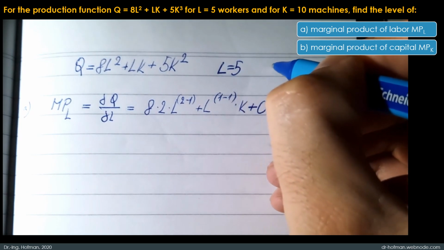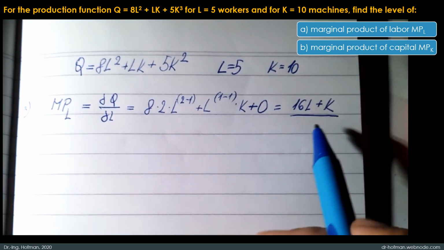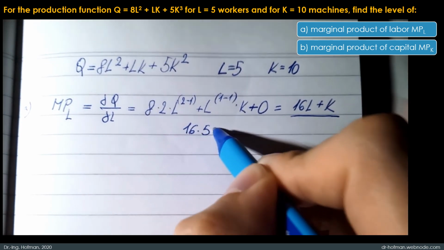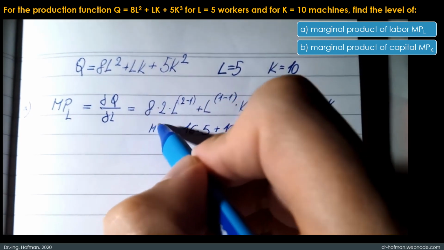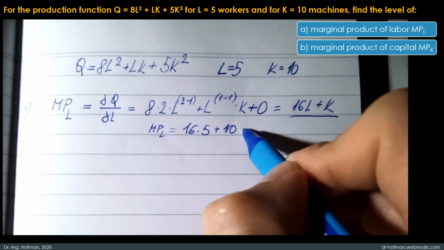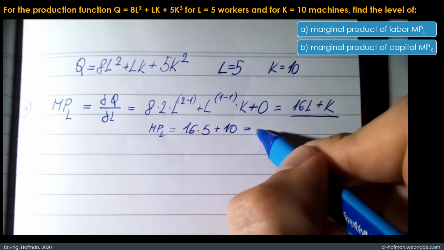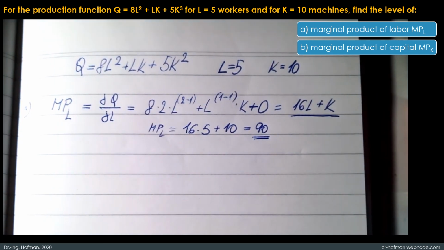We also add L is 5 and K is 10, which was given to us, and just supply them. We get marginal product of labor, 16 times 5 plus 10, it's 90.